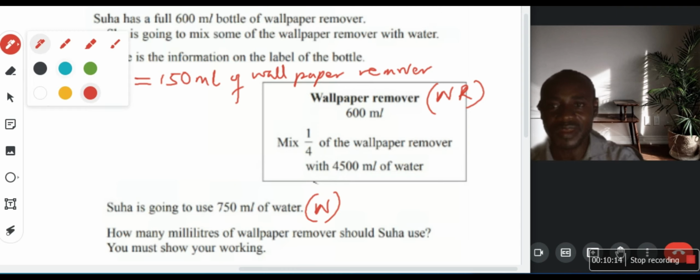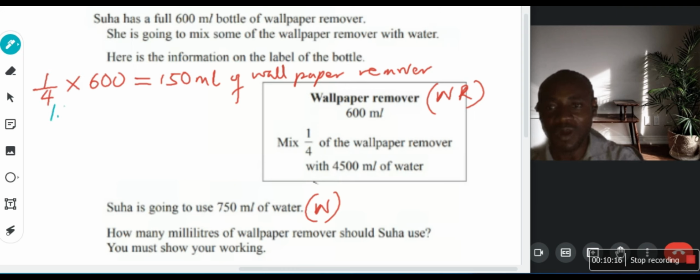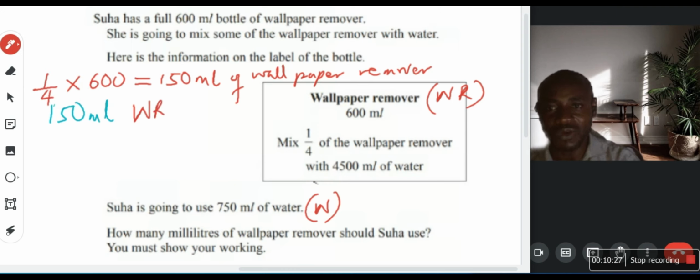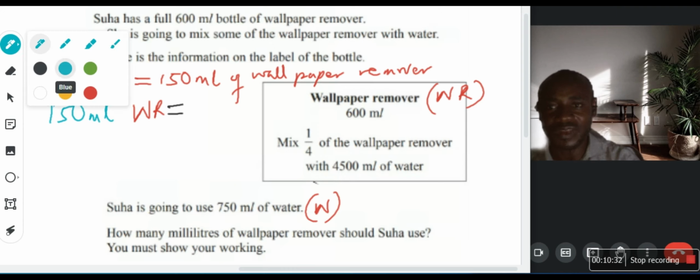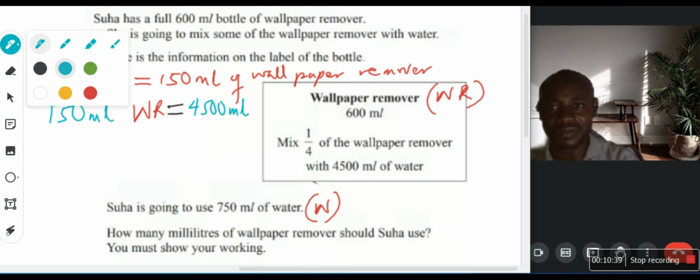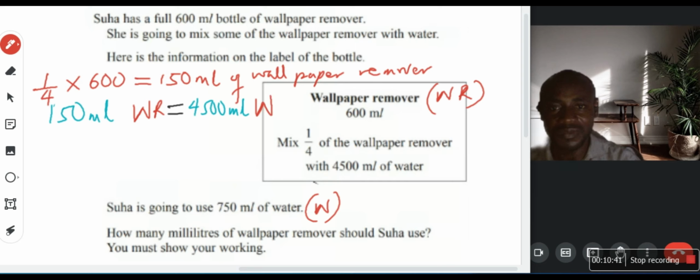So I can write it down here: 150 milliliter of WR goes with 4,500 milliliter of water. So W represents water, WR represents wallpaper remover.